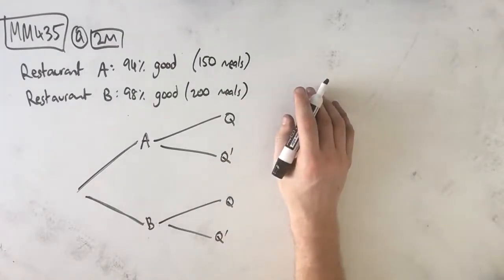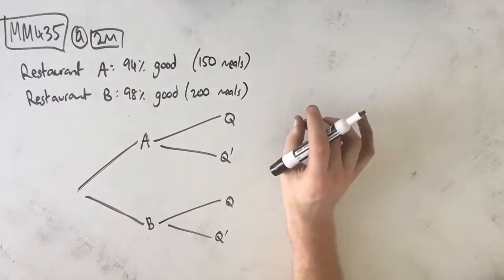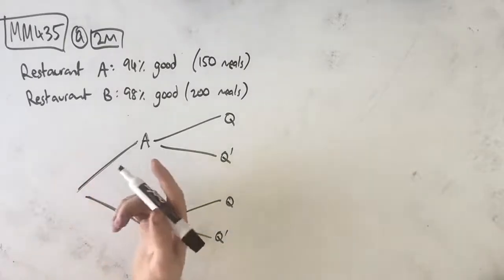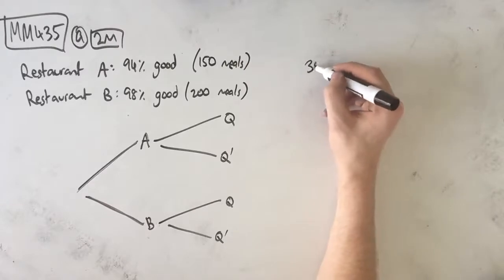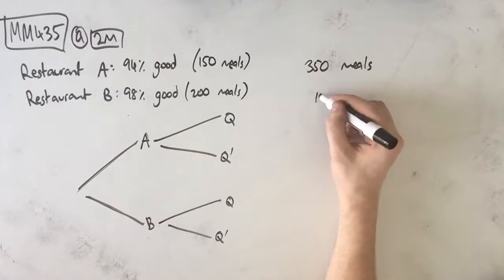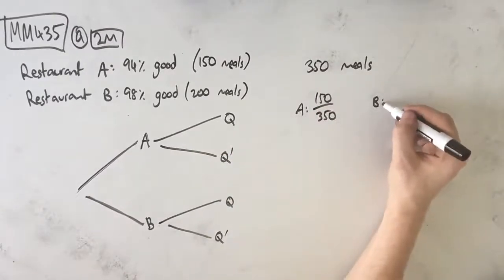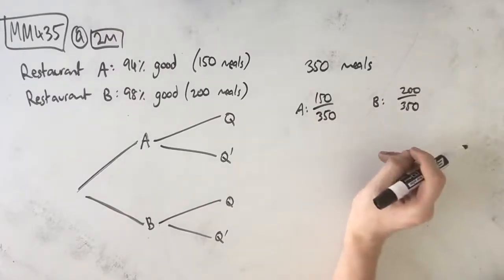Now, Restaurant A sells 150 meals and Restaurant B sells 200 meals, okay? So out of the total meals sold, there are 350 meals. Restaurant A sells 150 out of these 350, and B sells 200 out of these 350, right? So they both total to 350.